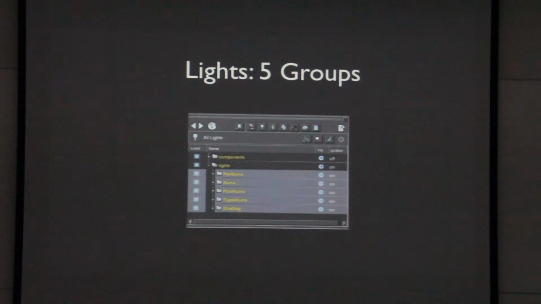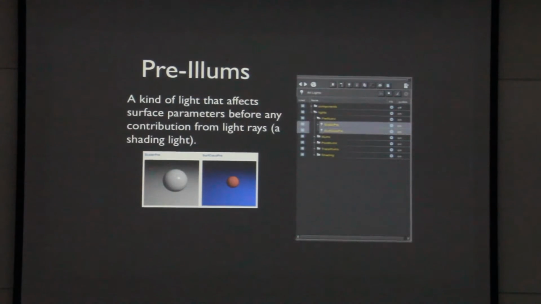And we have these to give maximum control to the lighter. So pre-illum is a light that can affect the surface before you've actually put any lights in the scene. So let's say you just want a surface to be blue before any light hits it. You can do that in a pre-illum. So it's sort of like a cheat that is given to the lighter.